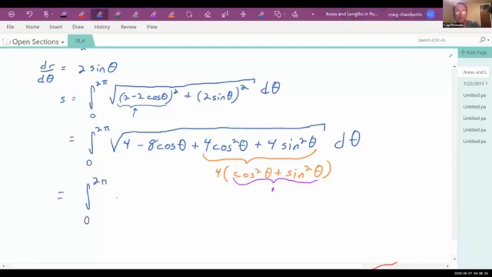And so we get that, and d theta. And then I'm going to factor out 8, you guys. That means I can pull out a square root of 8. I can split up the radical over multiplication.